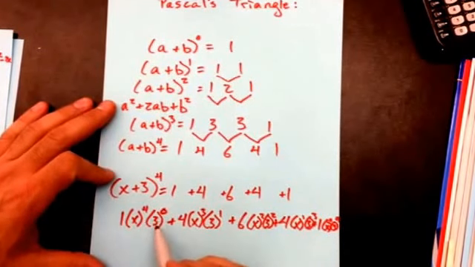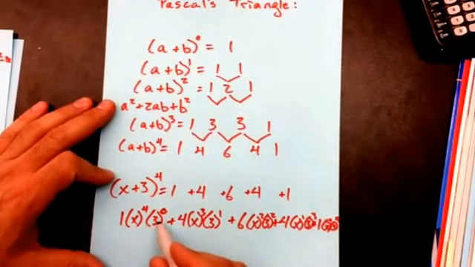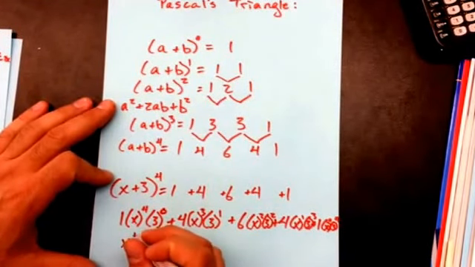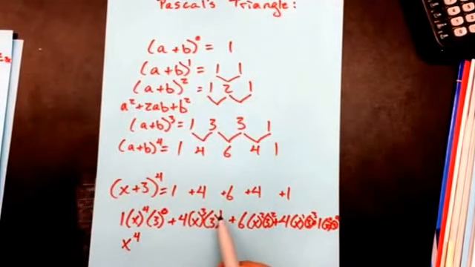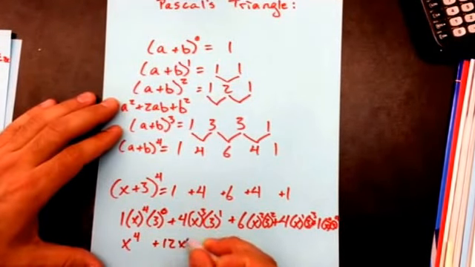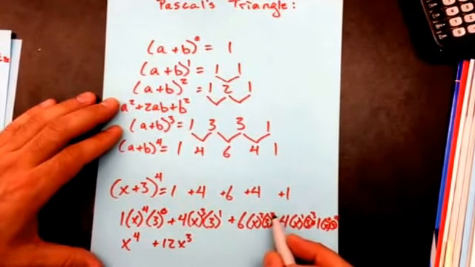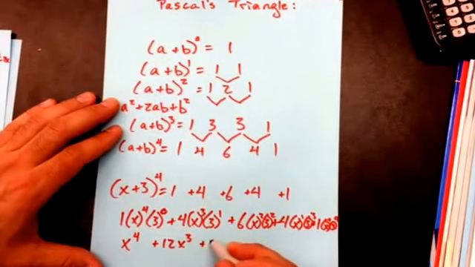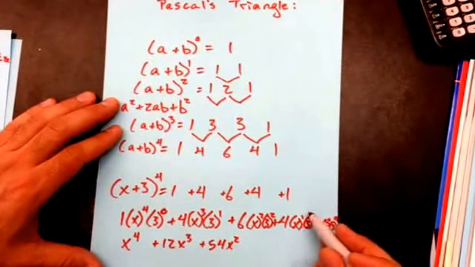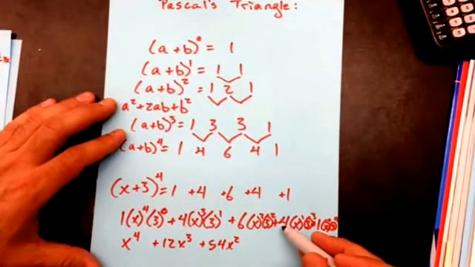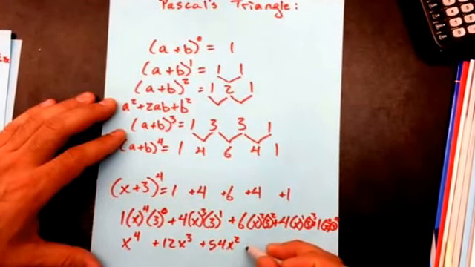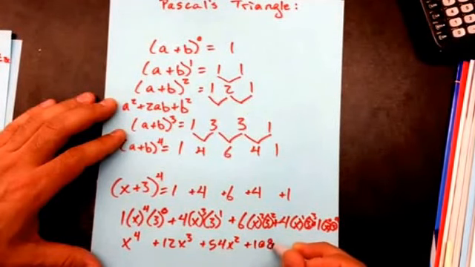So what happens here is 3 to the power of 0. Anything to the power of 0 is 1, times 1 is still 1, times x to the 4 is x to the 4. 3 to the power of 1 is 3, times 4 is 12 x to the third. 3 to the power of 2 is 9, times 6 is 54 x squared. 3 to the power of 3 is 27, times 4 is 108 x.